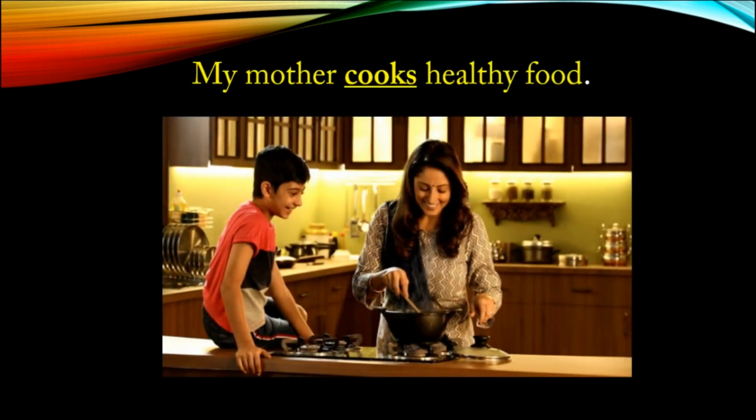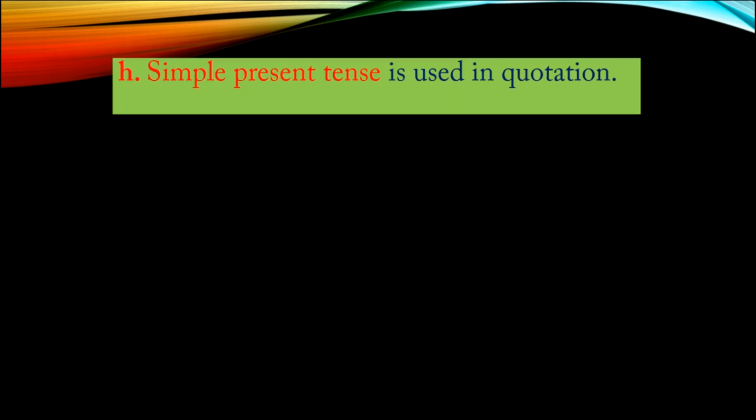It's a 4, I think. Yeah, right. Look here. My mother cooks healthy food and tasty also. Doesn't your mother cook very well? Yeah, she cooks very well, no doubt. So, it is her ability.